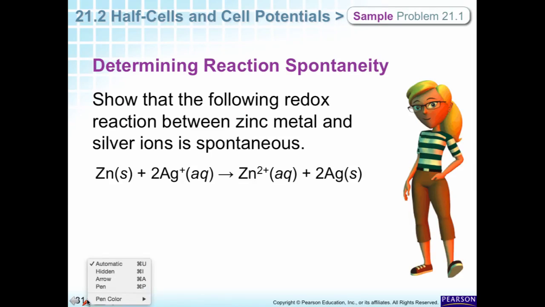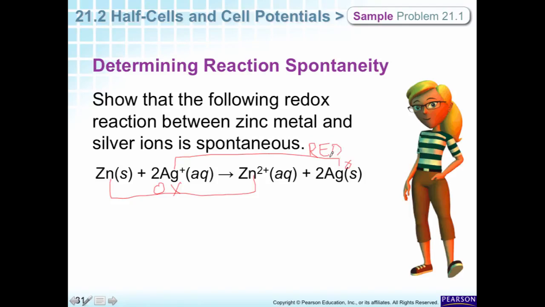All right, so let's look at this reaction. Zinc here is being oxidized, and silver is being reduced. So that means that the zinc reaction should be higher on the table, and this should be lower.